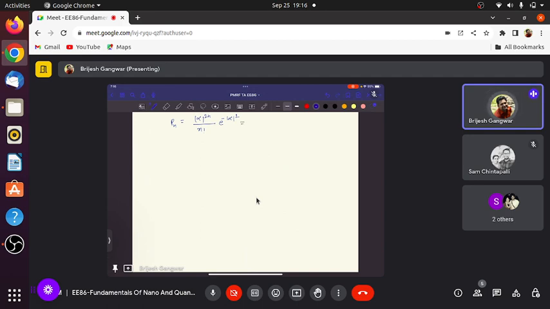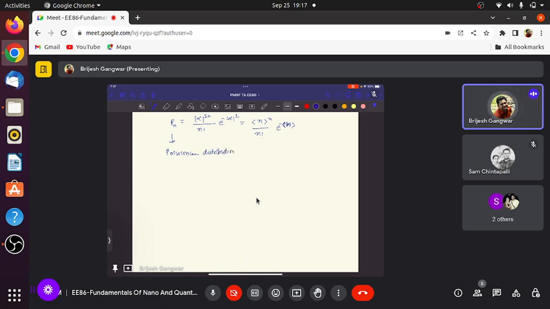If you solve it, it will give you the average number n-bar to the power n divided by n factorial, times e to the power minus n-bar, where n-bar is the average number. This result is known as a Poisson distribution, a Poissonian distribution.